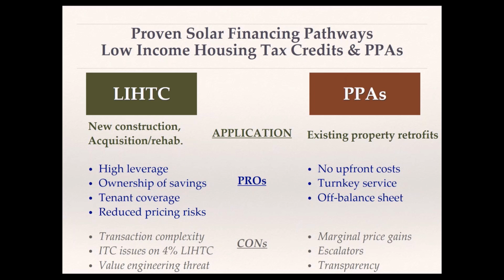For existing buildings, third-party ownership using PPAs in California has accounted for a majority of the solar transactions. Of the 600 projects in the multifamily affordable solar housing program in California, about 70% of those moved forward using power purchase agreements.